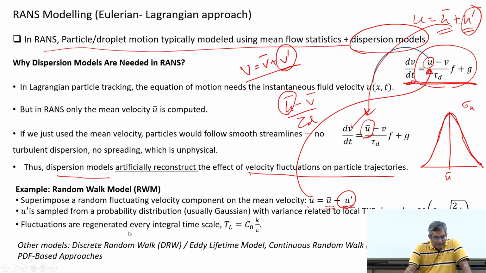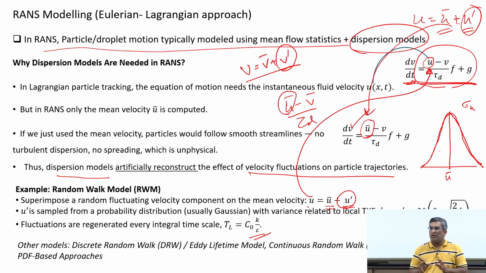The fluctuations are generated every integral time scale. So, what is integral time scale? This corresponds to the eddy turnover time scale or time scale of large scale eddies, which you can calculate through this, and you regenerate these fluctuations after every integral time scale.